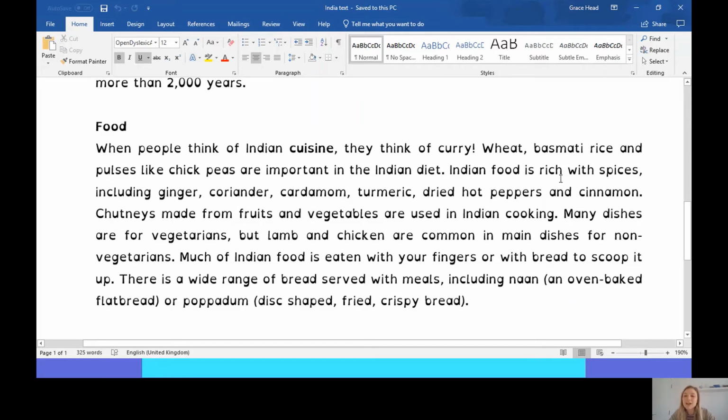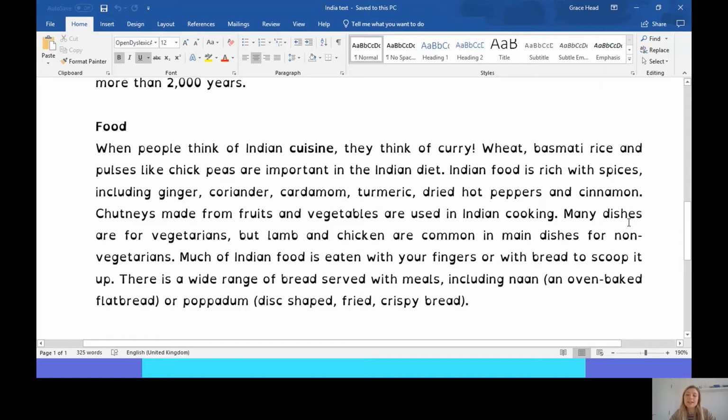Indian food is rich with spices, including ginger, coriander, cardamom, turmeric, dried hot peppers and cinnamon. Chutneys made from fruits and vegetables are used in Indian cooking.